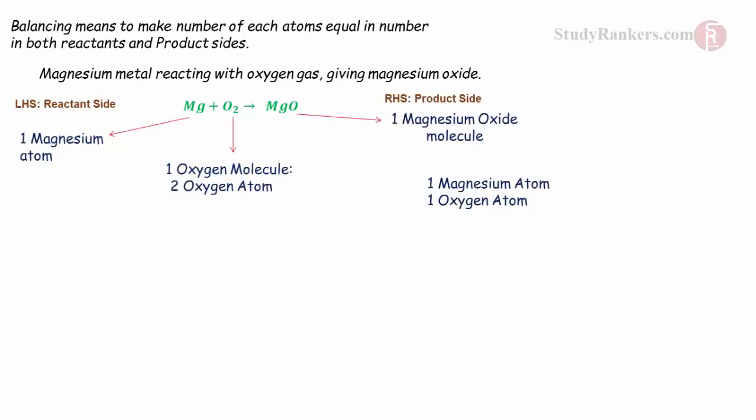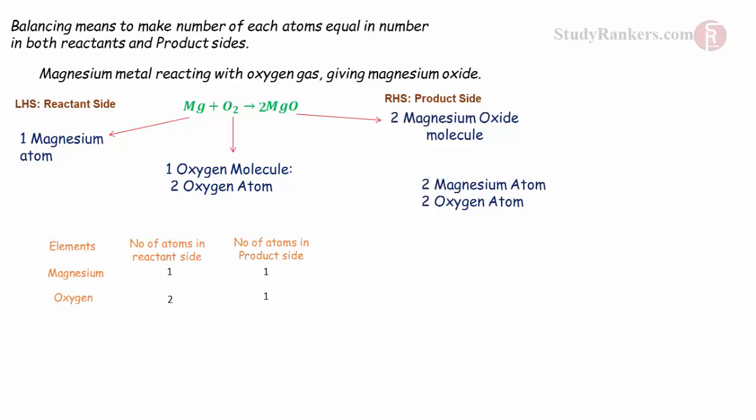If we put coefficient 2 to magnesium oxide, the number of oxygen atoms is the same, that is 2 on both sides. But magnesium is unbalanced in this process. It is 2 on the reactant side and 1 on the product side. If we put coefficient 2 to Mg in LHS, we can see both atoms, magnesium and oxygen, are balanced.